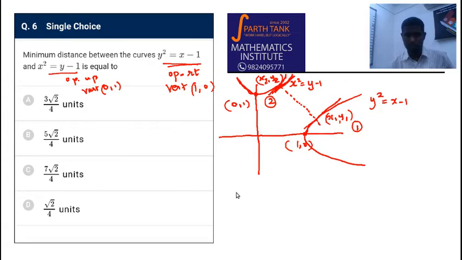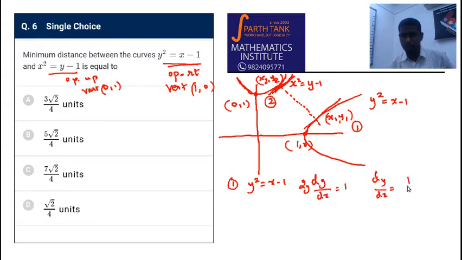So first curve, y squared is x minus 1. Differentiate this, you get 2y dy upon dx is 1, or dy upon dx is 1 by 2y, which at this point x1, y1 is 1 by 2y1. Please notice we write y1 to denote that this is for this curve.